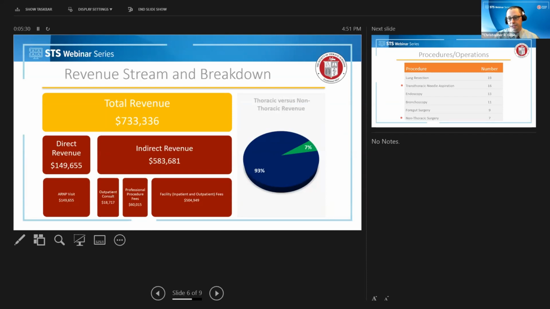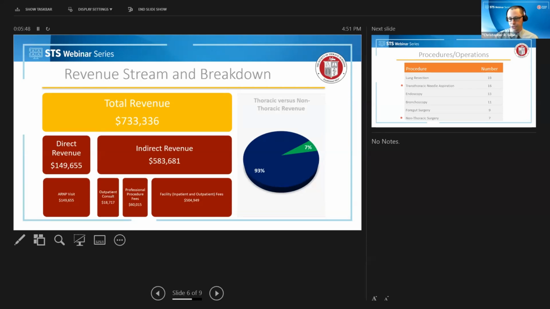The majority of this ended up being indirect revenue. Direct revenue was identified as the E&M codes and billing that occurred in our clinic, so essentially the ARNP visits.